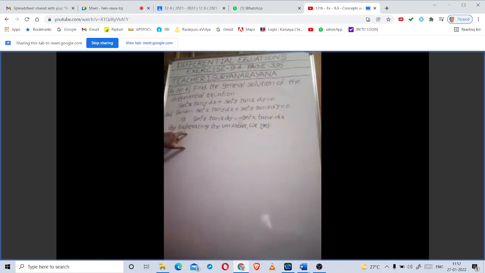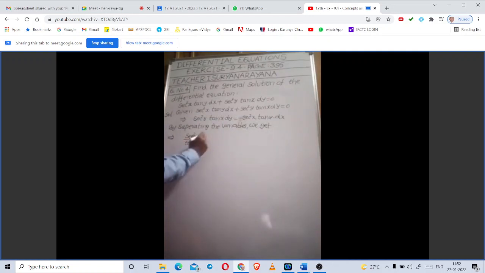In LHS, the entire function should be in y. So secant square y is there. In RHS, there is tan y. So transpose the tan y to LHS. Then it becomes by tan y.